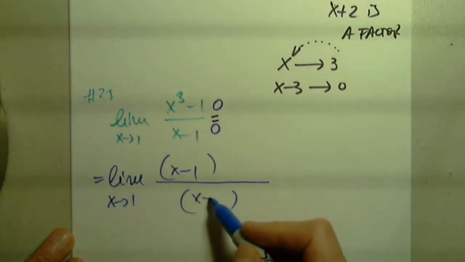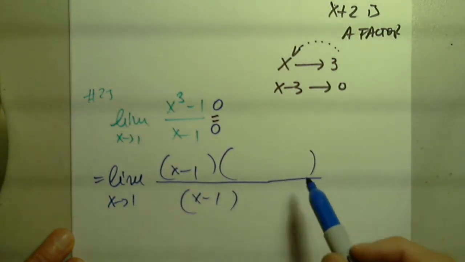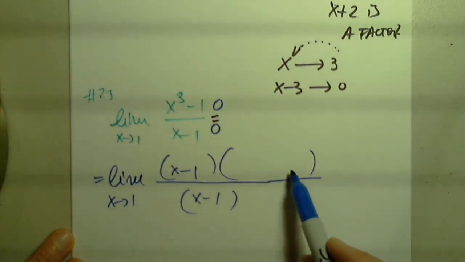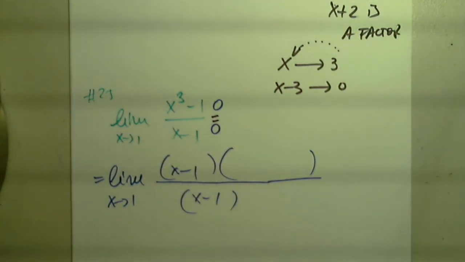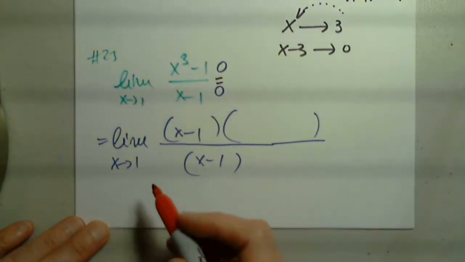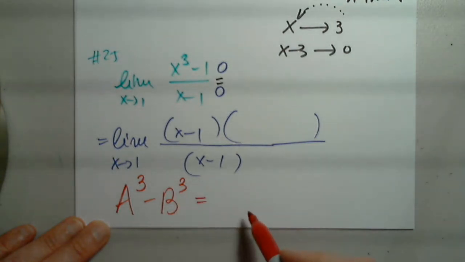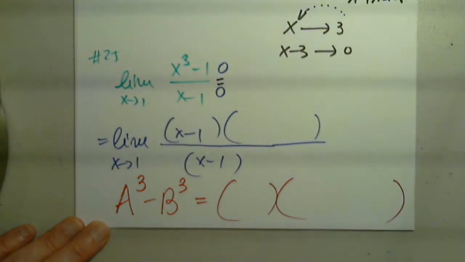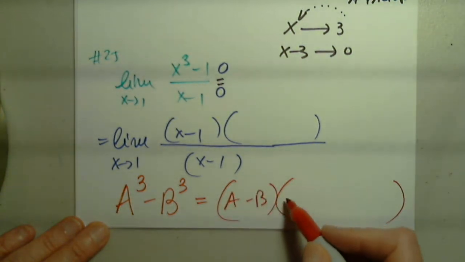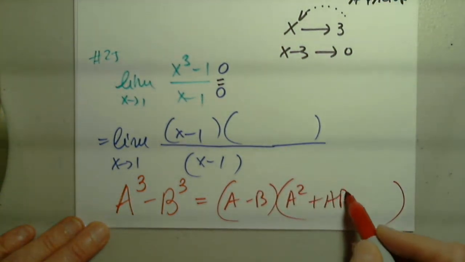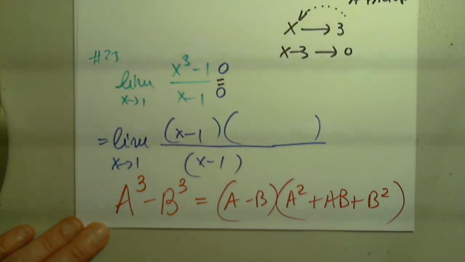That's it. So obviously there is something left over here. The reason why I didn't want to start with this is because I want to refresh your memory on the difference of cubes. Anyone remembers the difference of cubes formula? So it's a minus b and a squared plus ab plus b squared.